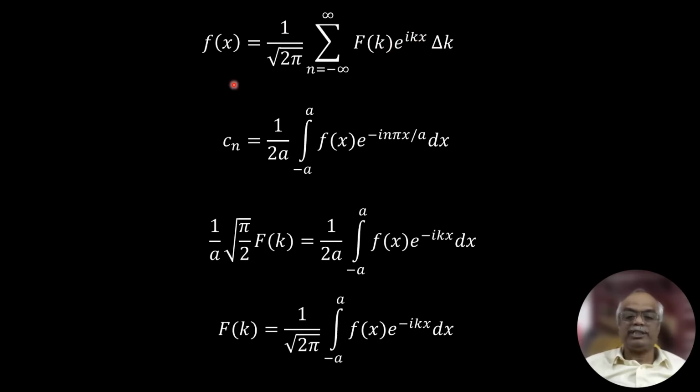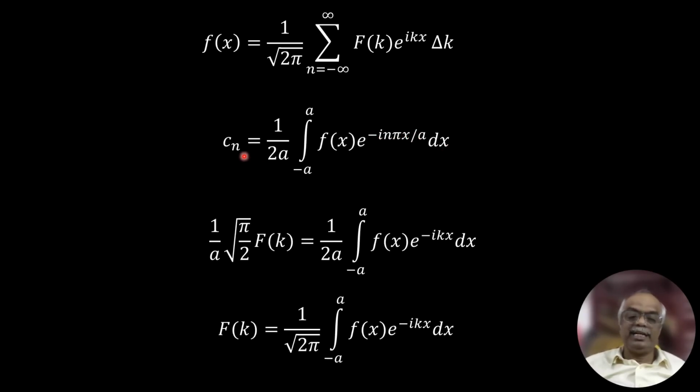This is one part of section C. We obtained this using our result in section A. Now you take the result in section B. In section B we have seen Cn is equal to 1 over 2a integral between minus a to plus a f of x e power minus i n pi x over a dx.